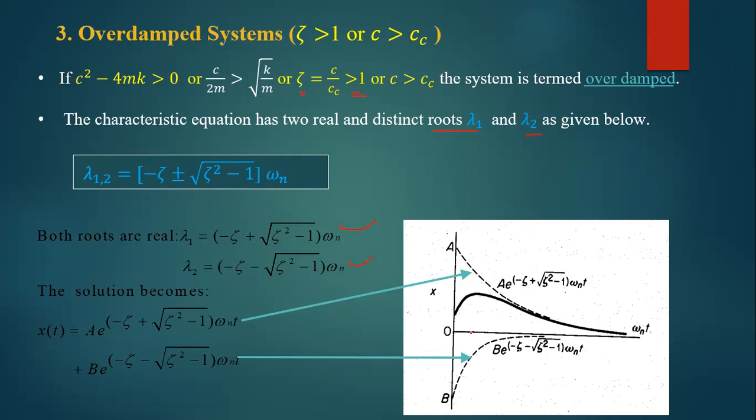In this case also, the graph may start from some x naught here, having some v naught here, goes to maximum amplitude, and then will not repeat.